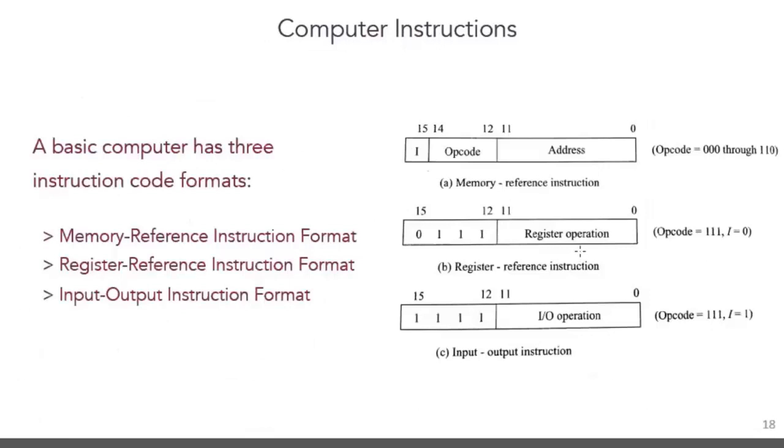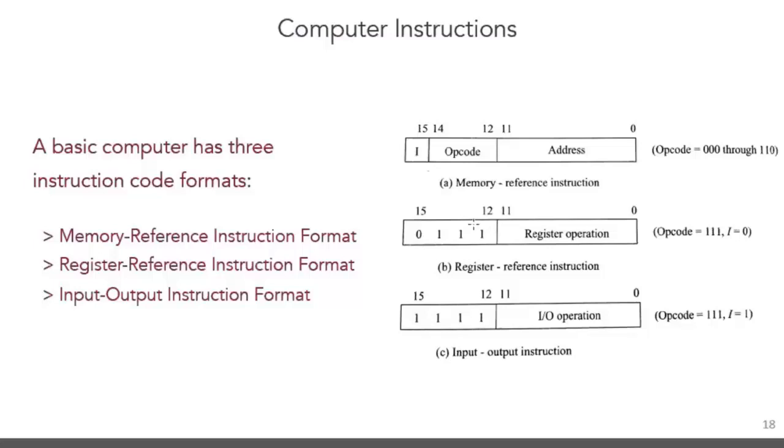Register operation, you can see that 11 bits are reserved for the register data. Okay, but input output operation, there are also 12 bits reserved for the input output operation, but it can also use all the values for the input output operation, because here you can see the value is 1 1 1 1. So 1 1 1 1 is the binary for, 4 1s is the binary of F. Okay, that's why F is written there.